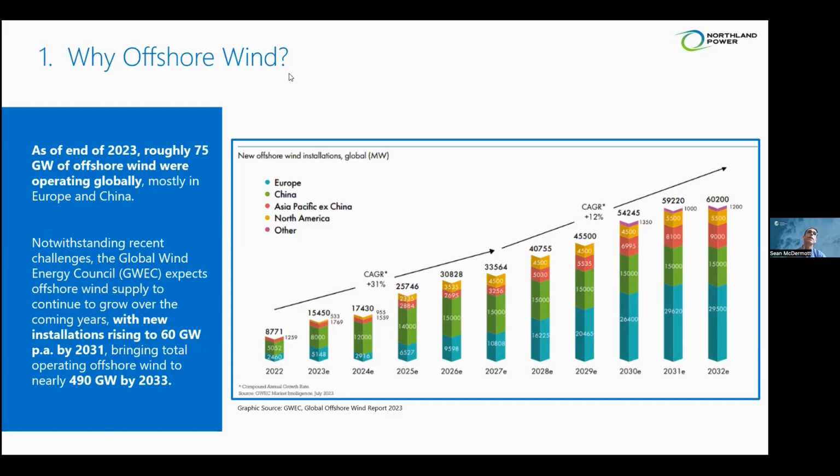Globally, we have roughly 75 gigawatts of offshore wind operating, and that's a lot. To put that into context, Ontario by itself is 30 to 35 gigawatts, so it's slightly more than twice what Ontario generates by themselves.